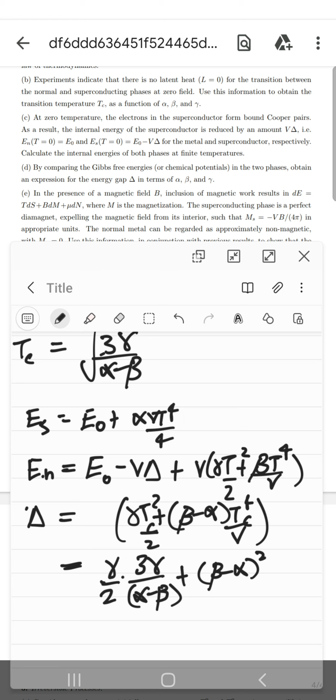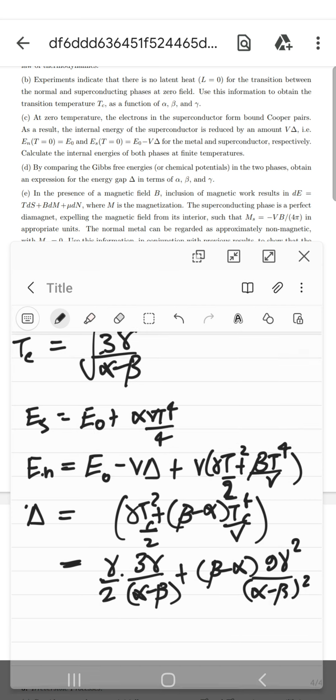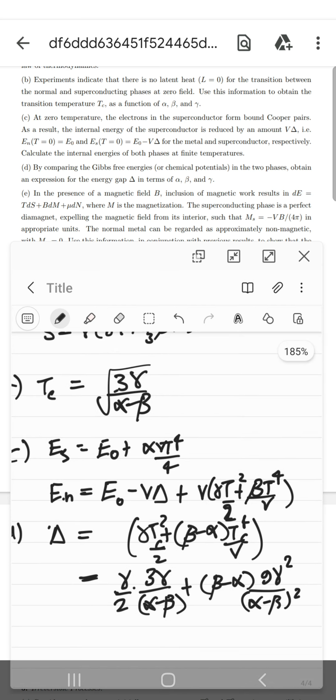It's not squared, that's the 2 from there. So just beta minus alpha, and then this quantity. So it's 9 gamma squared upon alpha minus beta squared. Okay, that's the way it is. That's what our delta will be.